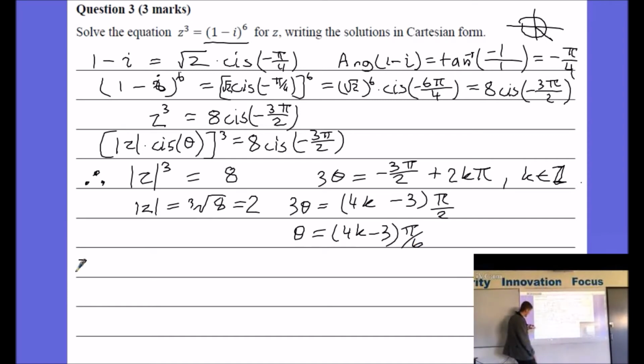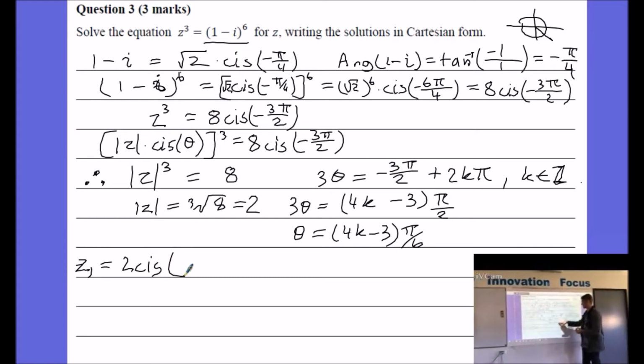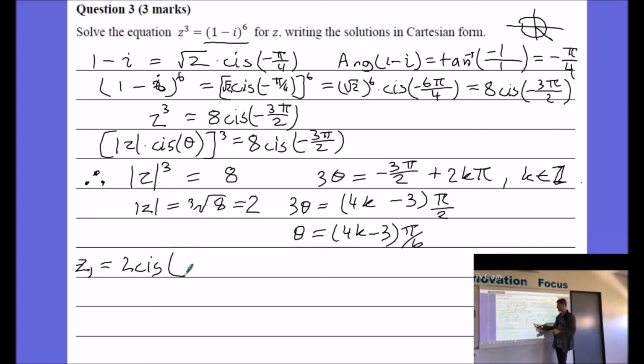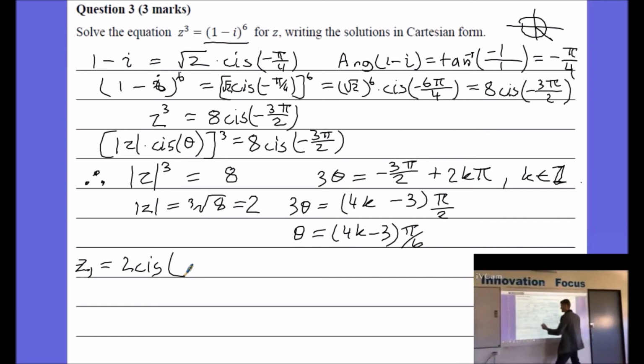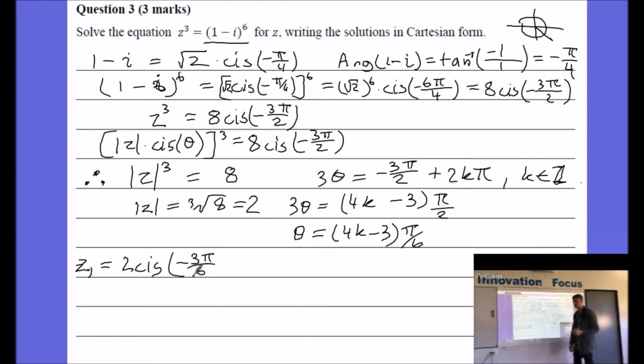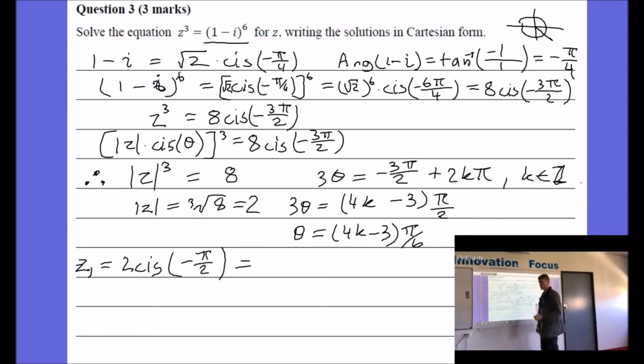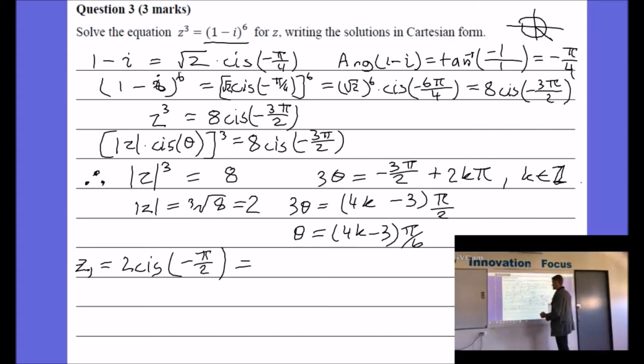So the first one, z1, that's when k is 0. Okay, so it's going to take the modulus, the 2, cis of the argument. So we look at our argument rule. When we have k is 0, then we've got this minus 3 lots of pi on 6. Okay, and we can see that goes down to a pi on 2, or a negative pi on 2. Okay, so let's turn that into a Cartesian form.